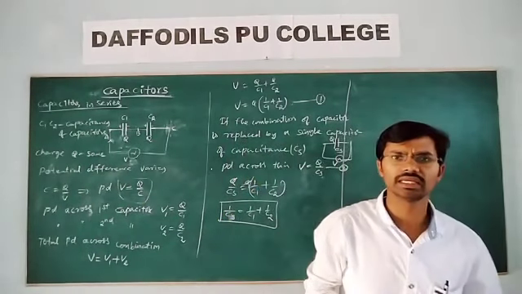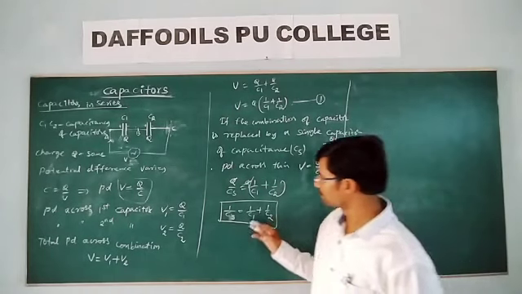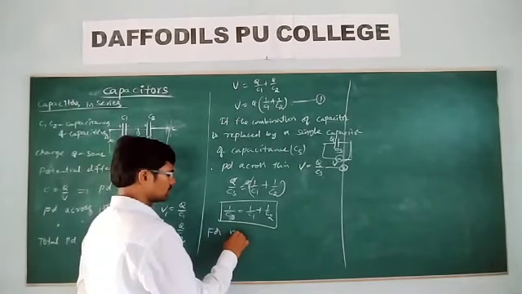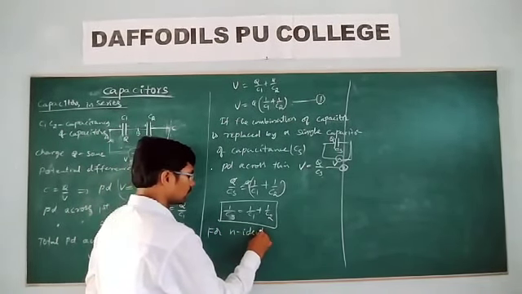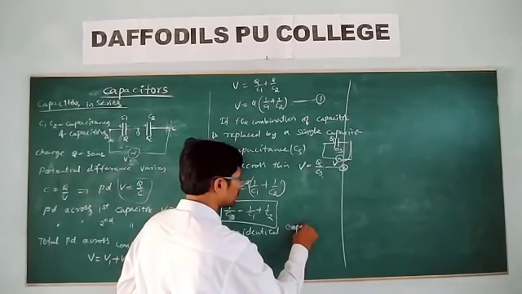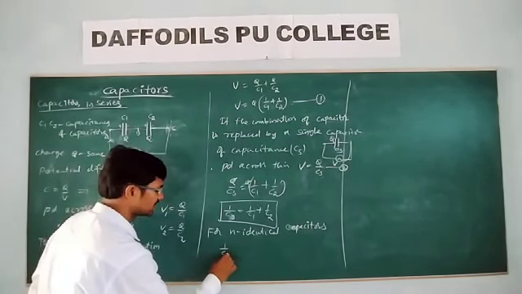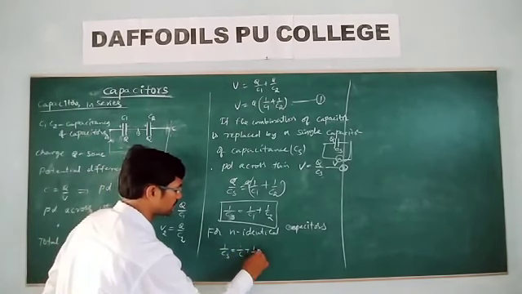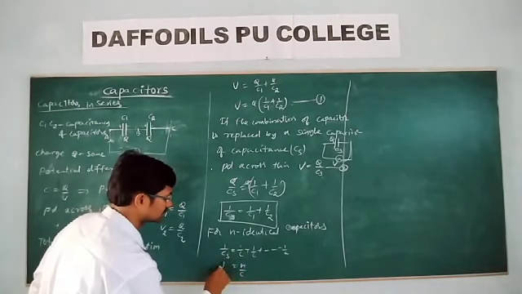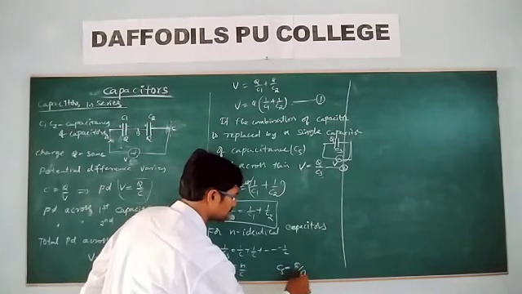Similarly, let us discuss the capacitance of capacitors in parallel. For example, if you have taken n identical capacitors, 1 by Cs is equal to what? 1 by C plus 1 by C plus, and so on, 1 by C for n, that is equal to N by C. Then Cs is equal to C by n.